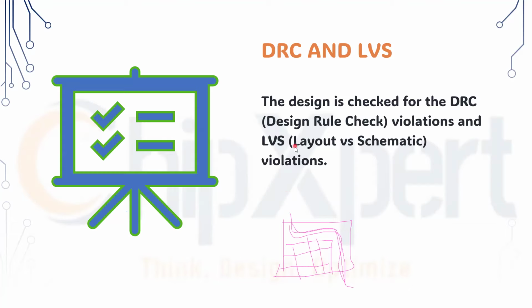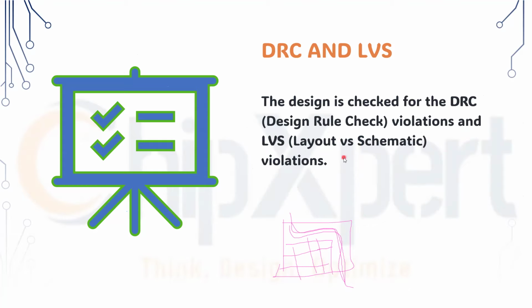This is the LVS step. What is LVS basically? Layout versus schematic. Layout is what we are actually drawing or routing in our shape. We check whether the same connections in the layout are the same as the schematic.